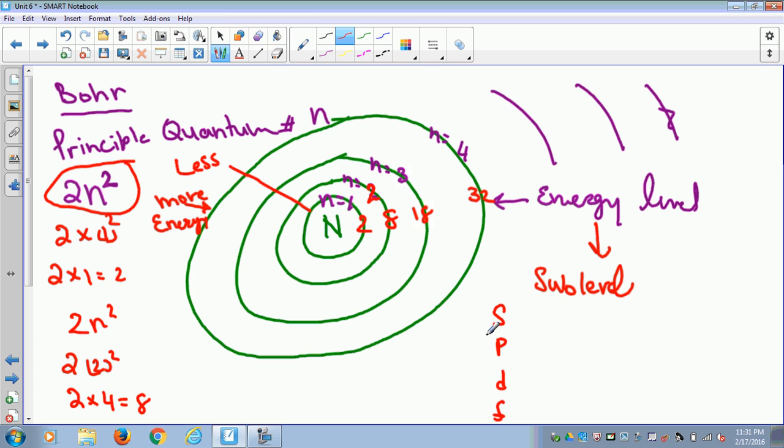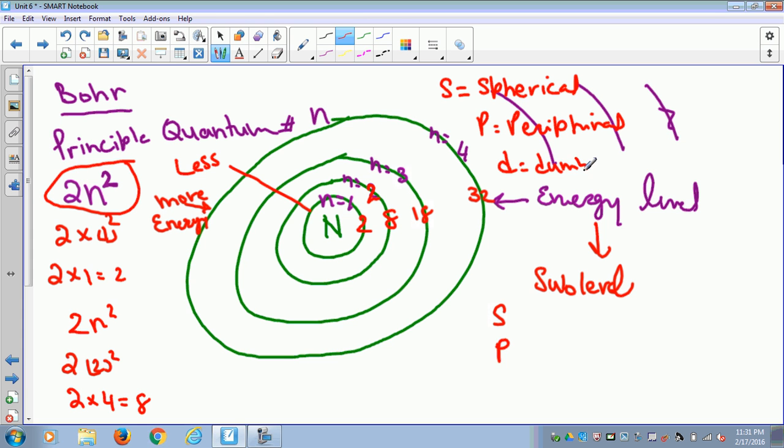These are small letters, and they represent their shape. S means spherical, p means peripheral. You don't have to memorize this, I'm just giving you extra information. d means dumbbell shape. So this is what it is: s, p, d, and f.